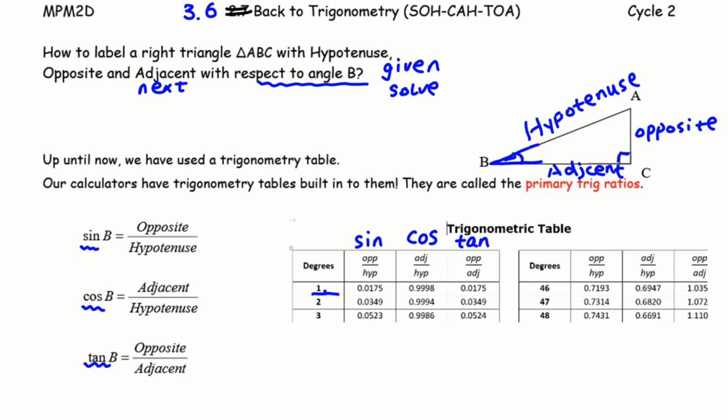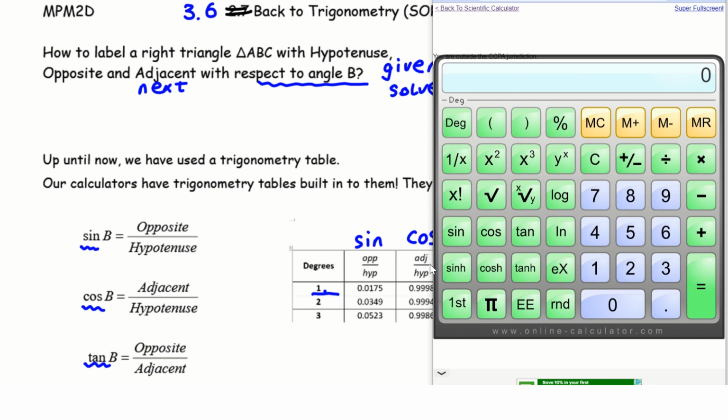0.175. So sine 1, okay, it is backward, sine of 1 gives you 0.0174, and this calculator is backward, so 1, then cosine gives you 0.998, and tangent of 1 gives you 0.0174.